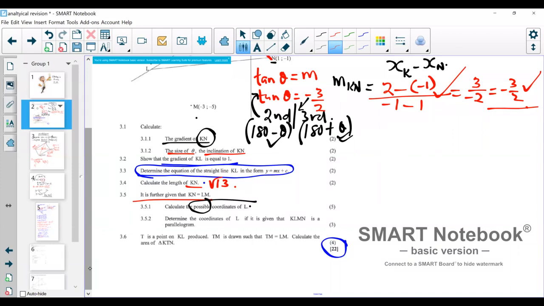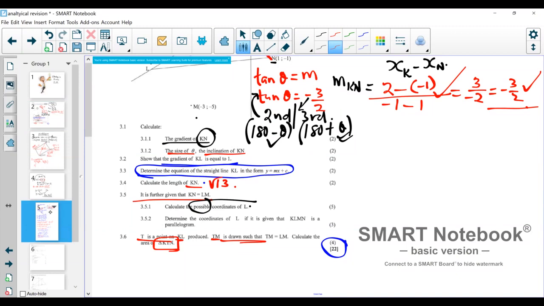We're going to construct here. TM is equal to LM. Calculate the area of KTN. K such that TM is drawn. Okay, I do have that diagram somewhere.